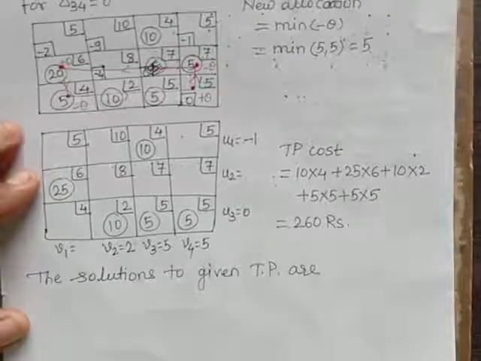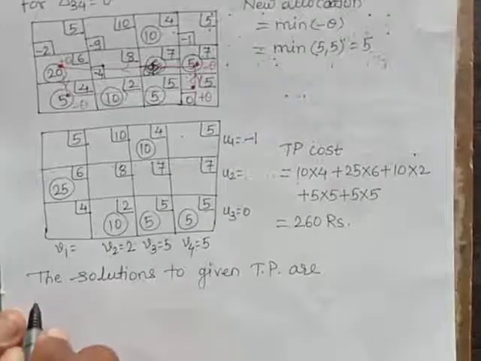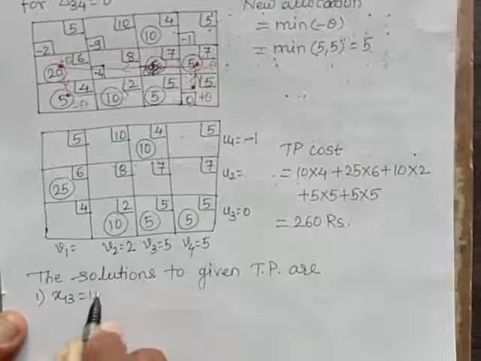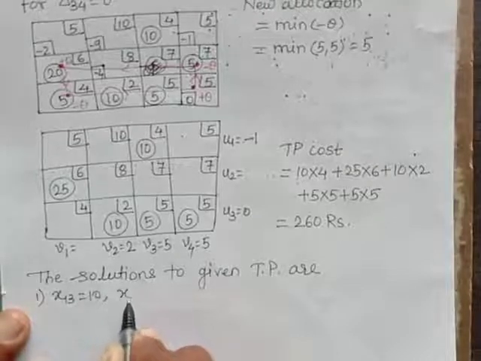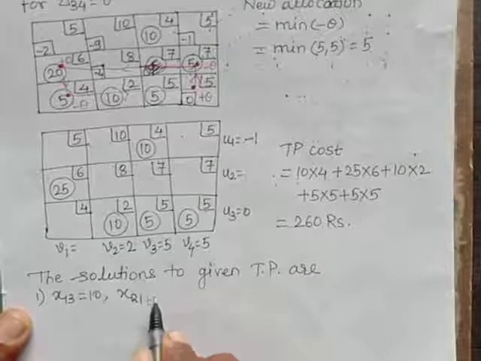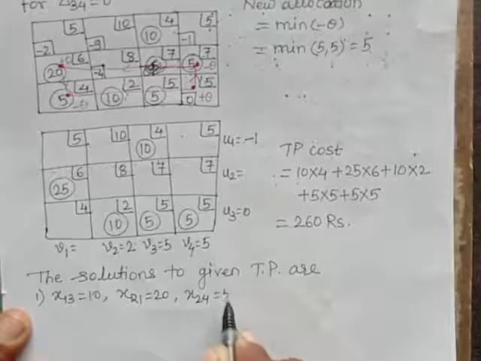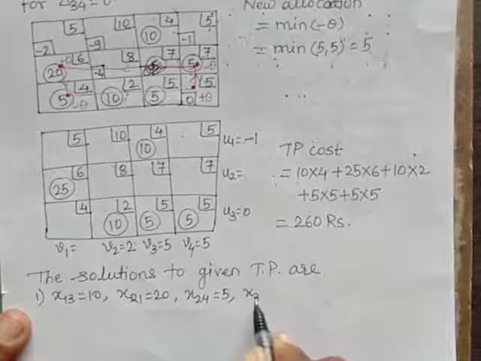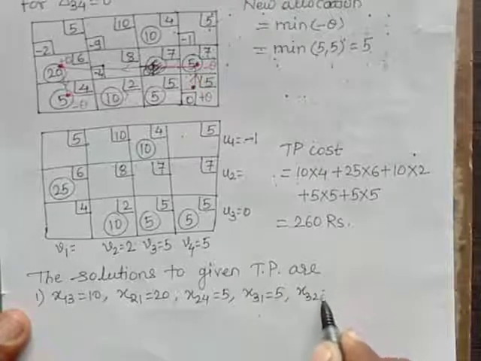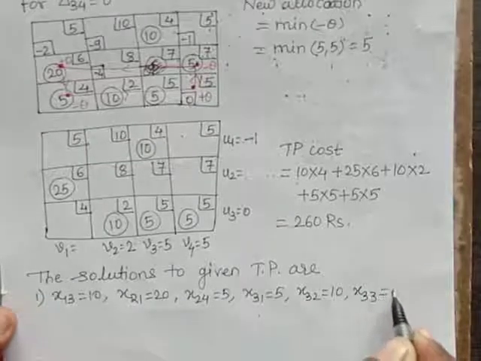what are they? They are, first one, x13 is equal to 10, x21 equal to 20, x24 is equal to 5, x31 is equal to 5, x32 is equal to 10, x33 equal to 5.